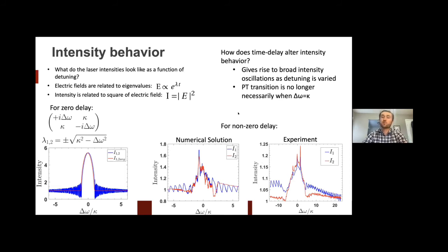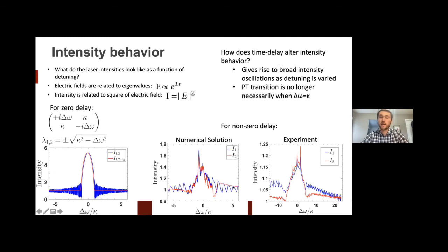Now the time delay produces two major signatures that are not present for zero delay. One is that there are now these broad, very slow intensity oscillations in the region where this ratio is greater than 1 on the bottom here. These are not time oscillations due to complex eigenvalues, but oscillations due to the time delay itself.